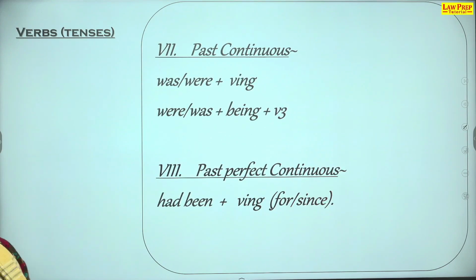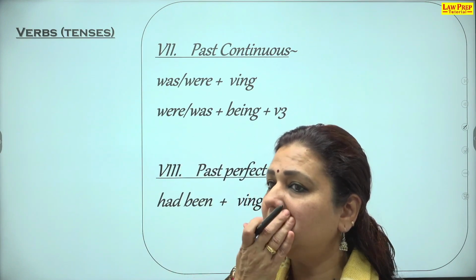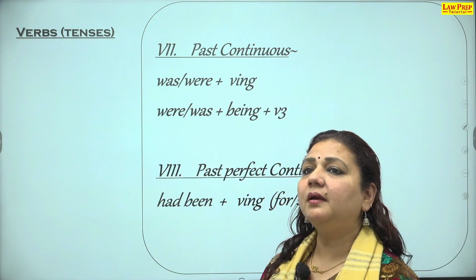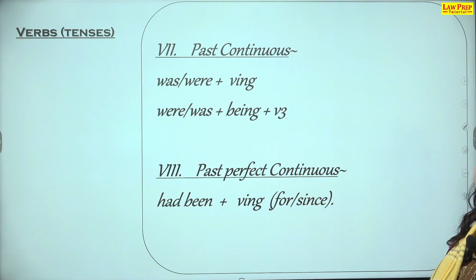Past continuous. Past continuous is made by was/were plus verb plus ing. It means he was writing a letter, they were playing tennis, or you can make it in passive voice, like this.